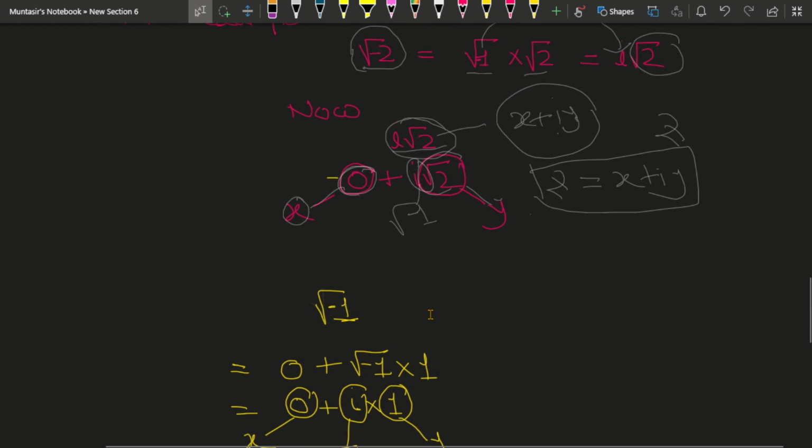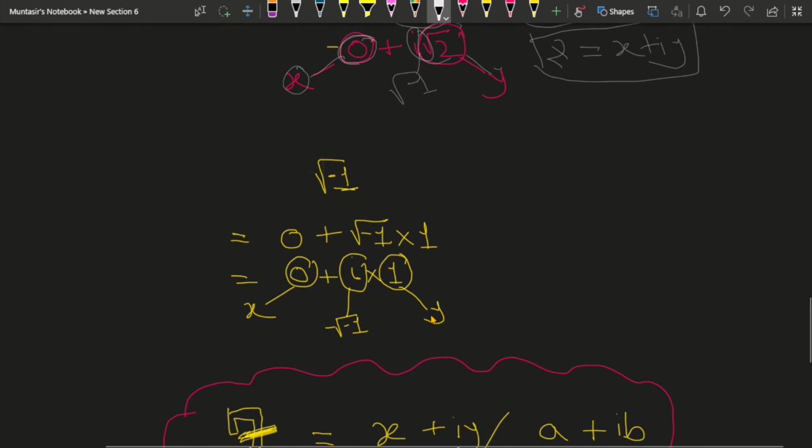If we were looking for an explanation of root over -1, we can also divide root over -1 like this. We can say root over -1 is 0 plus root over -1 multiplied by 1. We can say then that 0 refers to x, root over -1 is i, and 1 refers to y.